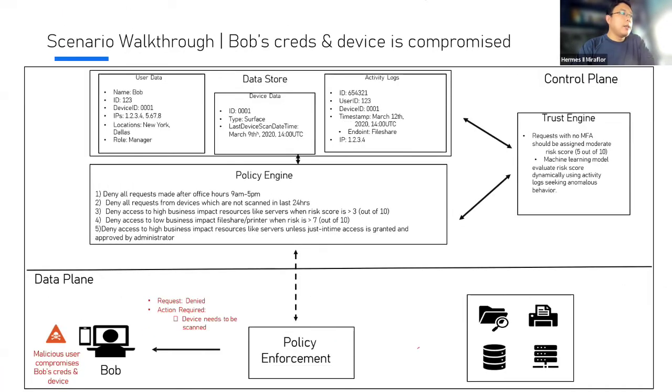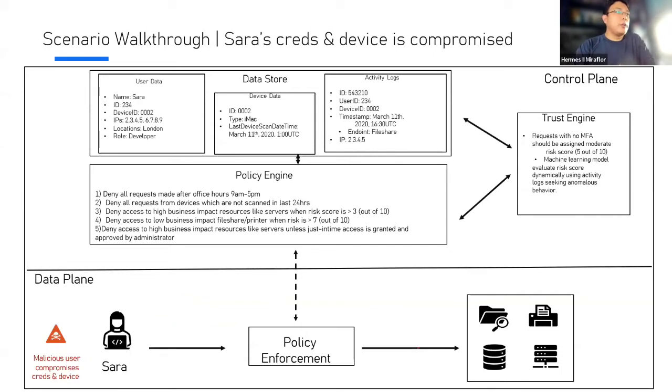Thereby, the access will be denied. Okay, so again, see the verification process ongoing in between. In each stage of the request, there's some sort of verification, some sort of authentication happening to check the identity of Bob and also to check the health of the device that Bob is using.